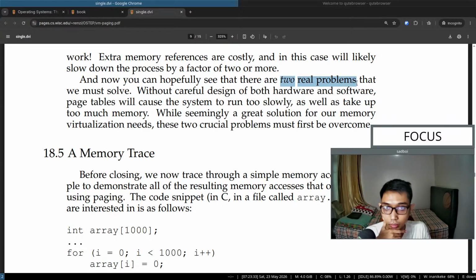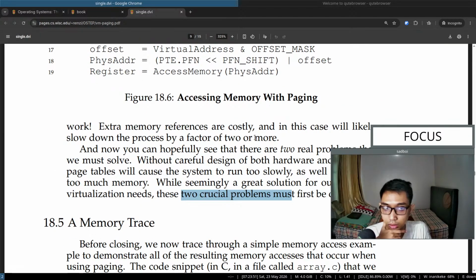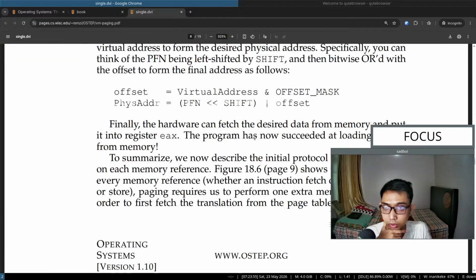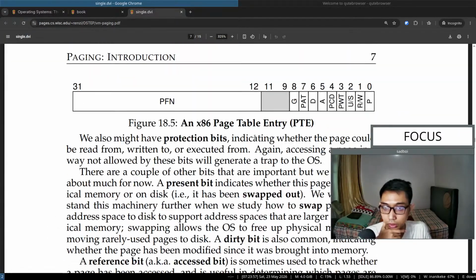The real problem. These two crucial problems.